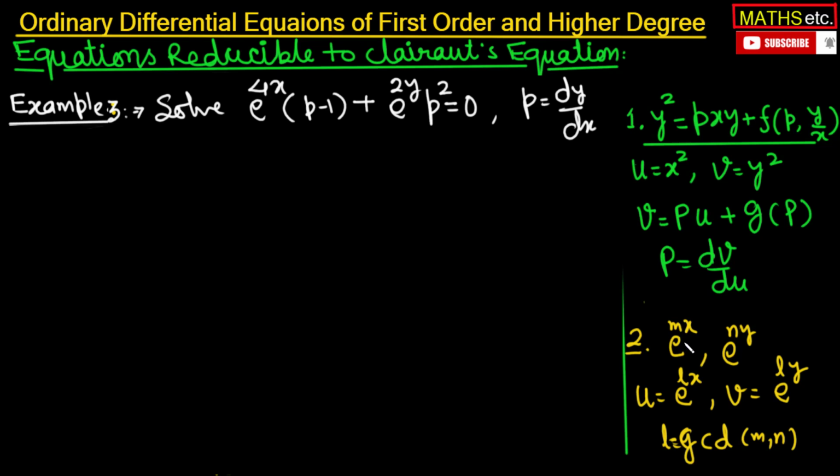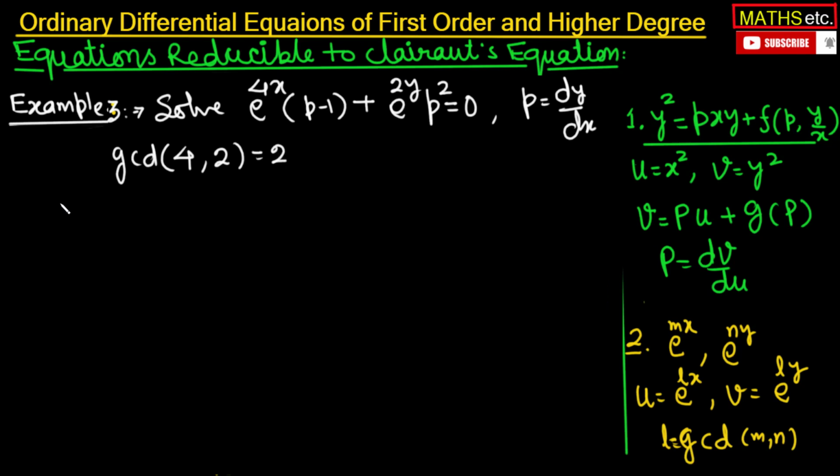We already know that if a higher degree first order ordinary differential equation involves exponential functions in terms of x variable and y variable, our substitution is like this. In this problem, the greatest common divisor of the coefficient of x, which is 4, and the coefficient of y, which is 2, is 2.